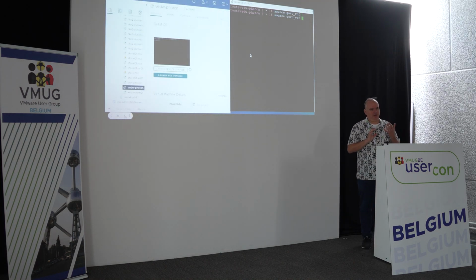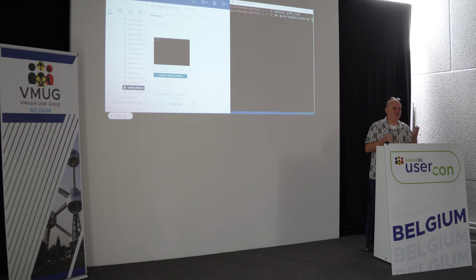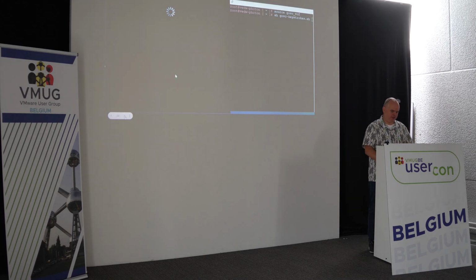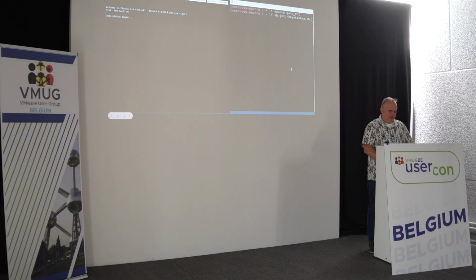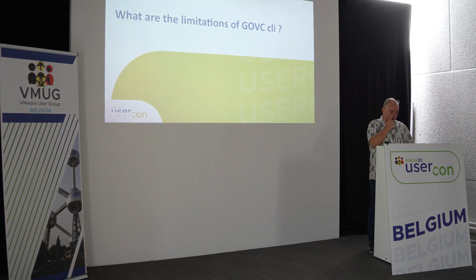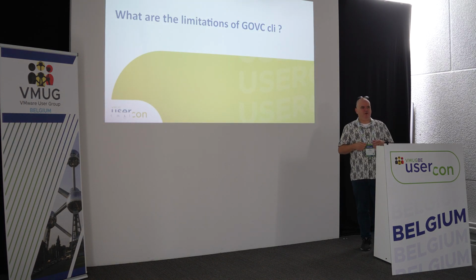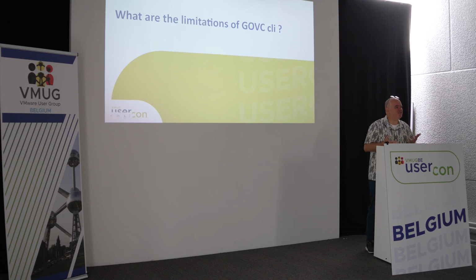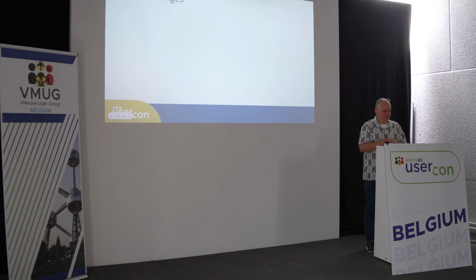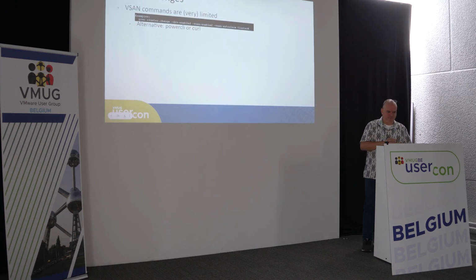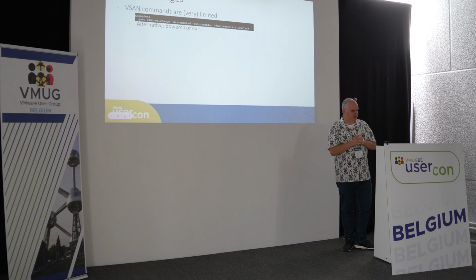So we've seen how to query data, how to manipulate, how to import data. I haven't shown you all the features of GoVC, but you can imagine we can do a lot. What are potential limitations of GoVC, or where you might struggle a little bit, or at least where I did? vSAN is a great technology.